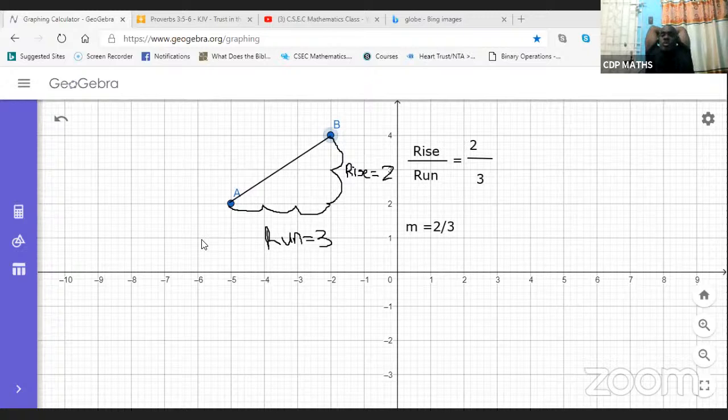Note, we used the graph to find the gradient. Now I'm going to give you one to do for yourselves, and then we'll get back to this one to look at another expression used by mathematicians to find the gradient or slope of a straight line.